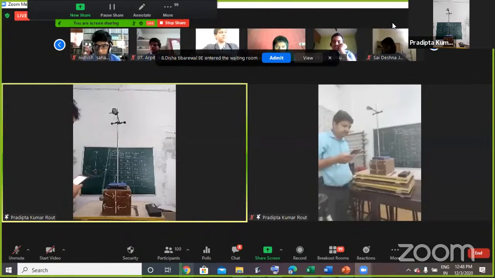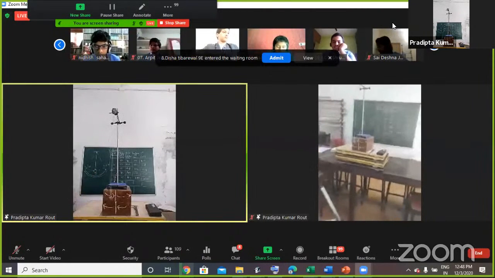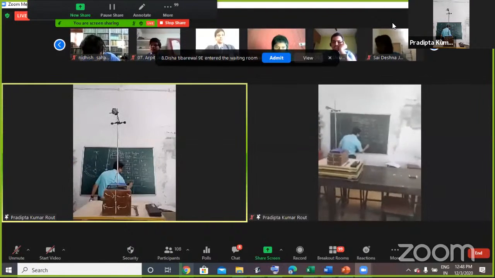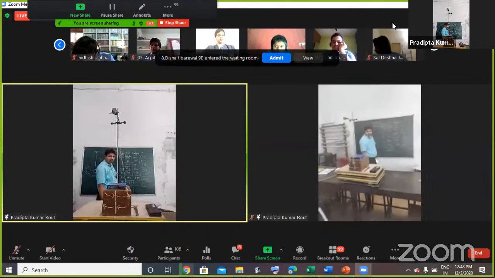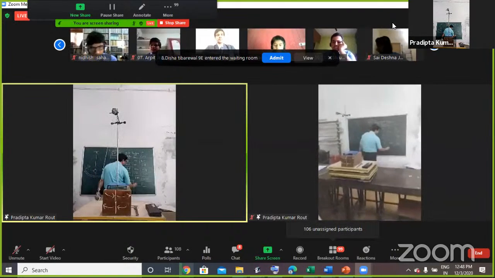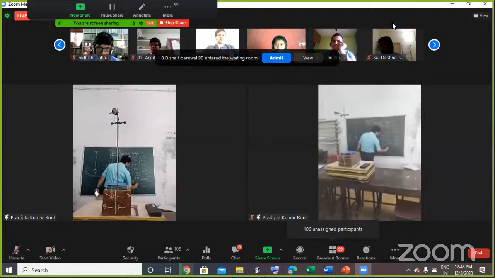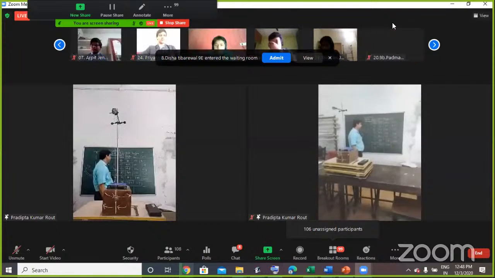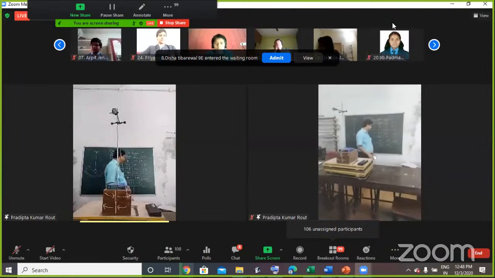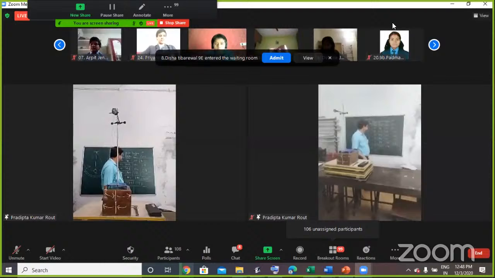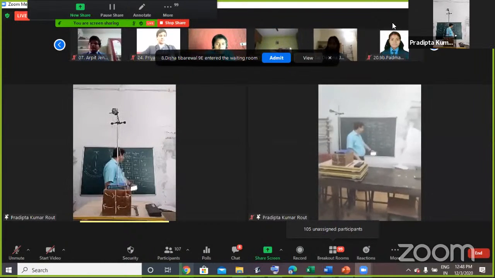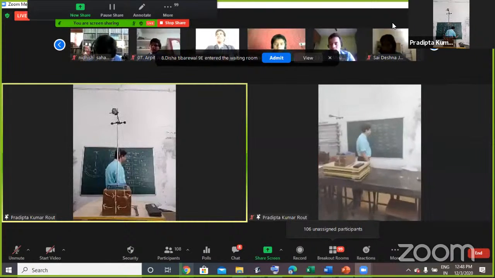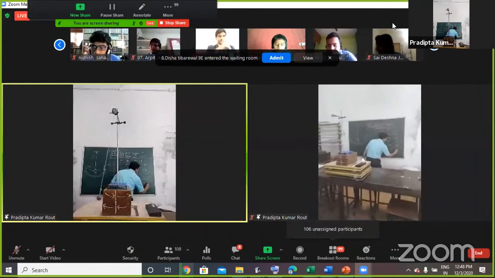Children, I got 29.0. Divided by 20, so 1.45. Now find the square. 1.45 is nearly 1.5. So 15 square is 225, so it is 2.25. You can take here 2.5.